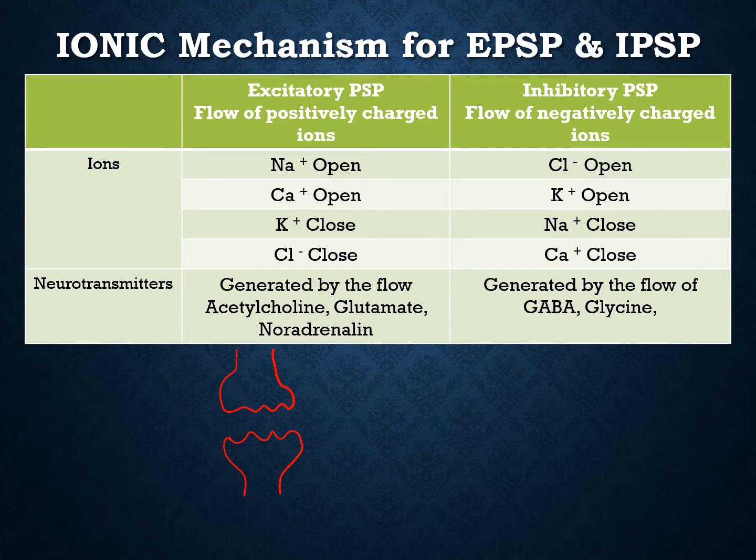In the presynaptic neuron, if the neurotransmitters present are excitatory in nature, like acetylcholine, glutamate, or noradrenaline, they will be released into the synaptic cleft, and after release they will mix with the receptors.